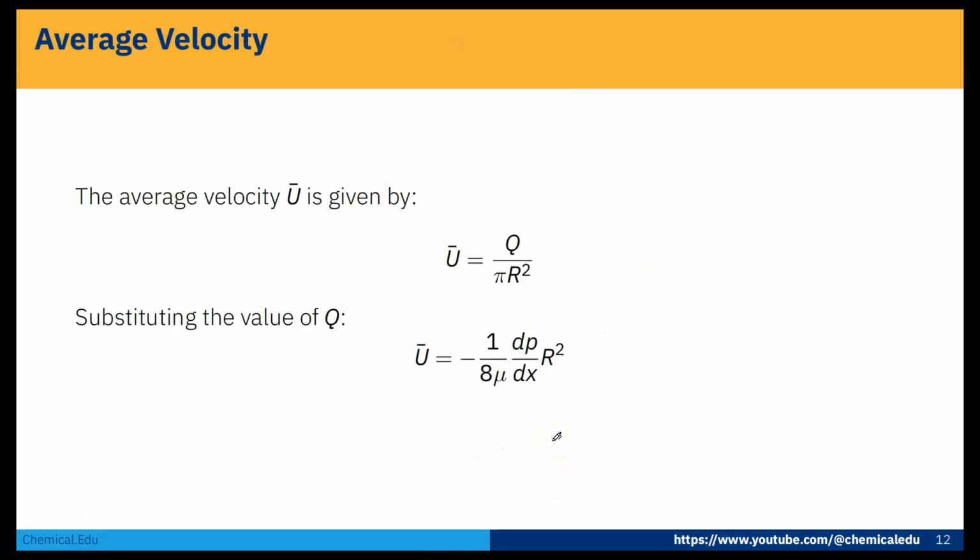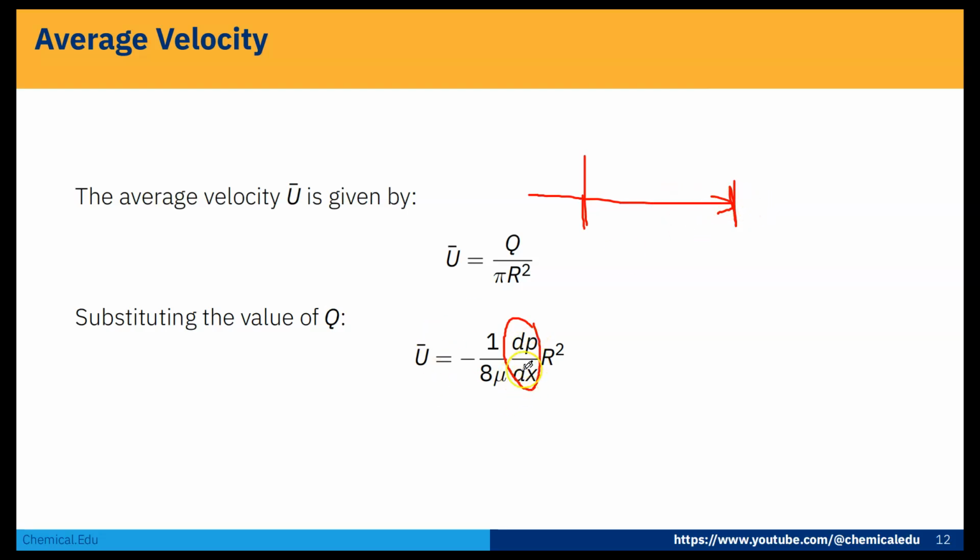Now the average velocity is Q by pi R square. If we do that, we get u average is minus 1 by 8 mu times dp by dx times R square. Here dp by dx will take care of the negative sign, because minus dp by dx is actually positive: when the flow is in this direction, the pressure will be higher at the upstream side and lower at the downstream side.